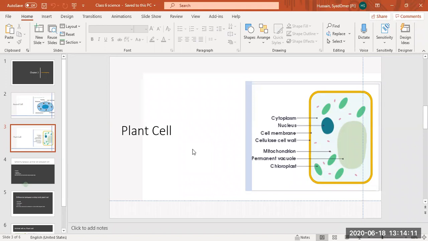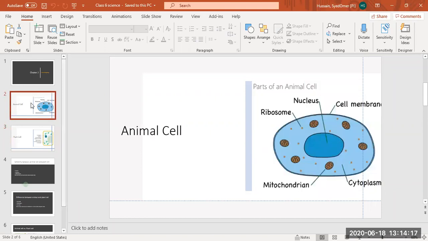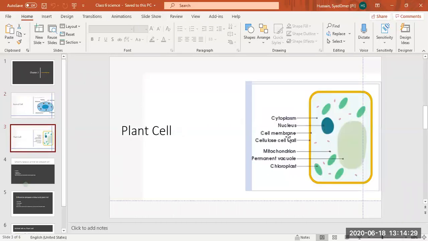It just floats around in the cell. So it is present in an animal cell, as you can see. This one is the cytoplasm, and it is like floating around. This fluid portion is moving around in the whole cell. And also in a plant cell, this fluid portion is moving around in the whole cell, outside the parts.